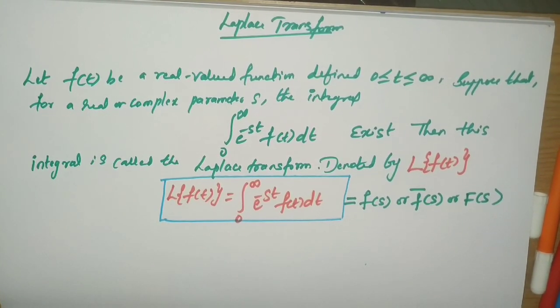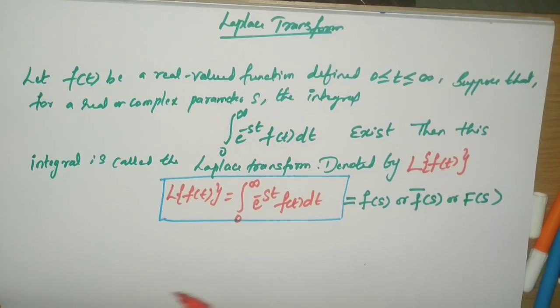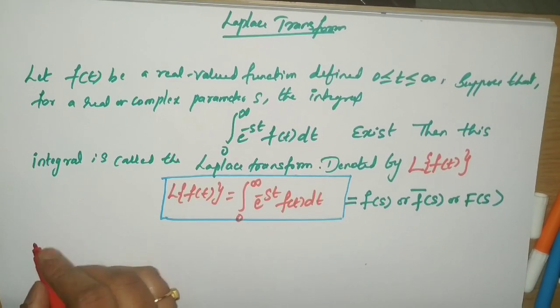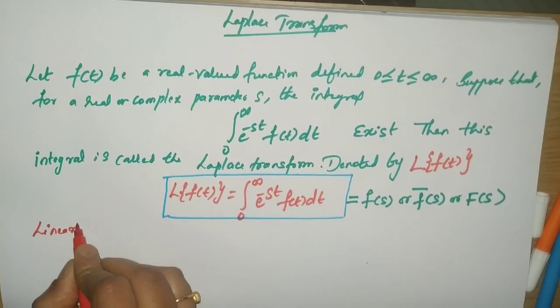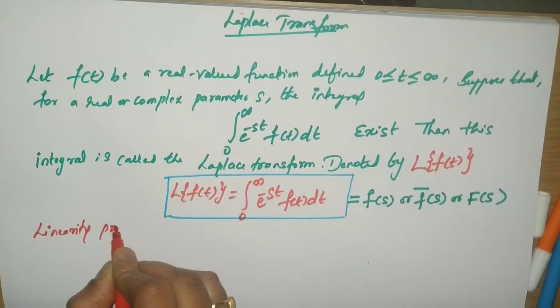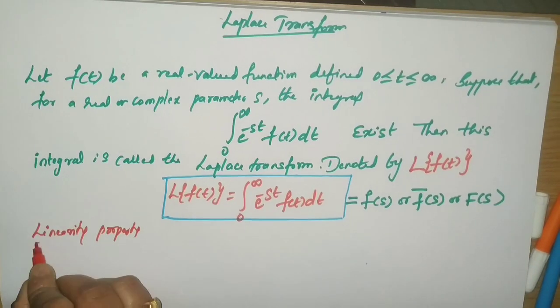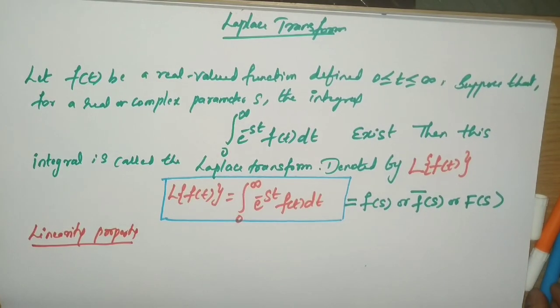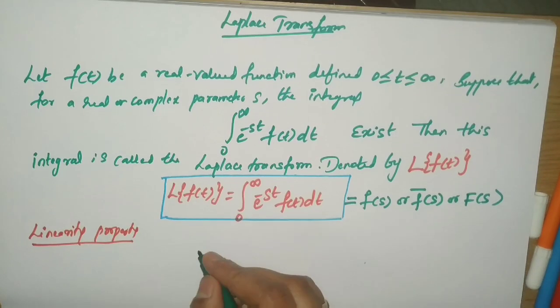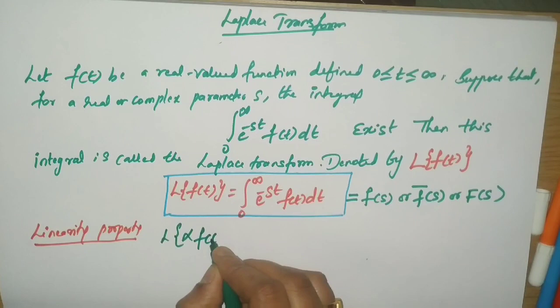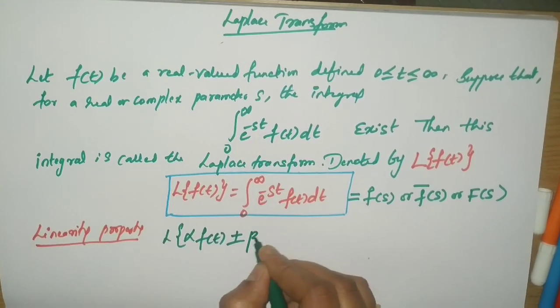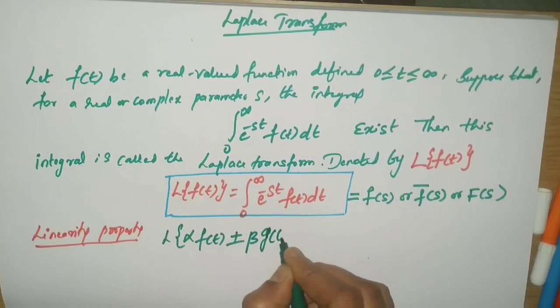Okay. So we have a few properties here. The properties are nothing but the linearity property. You must have already studied linearity property. So basically, suppose I have Laplace of alpha f of t plus or minus beta g of t.